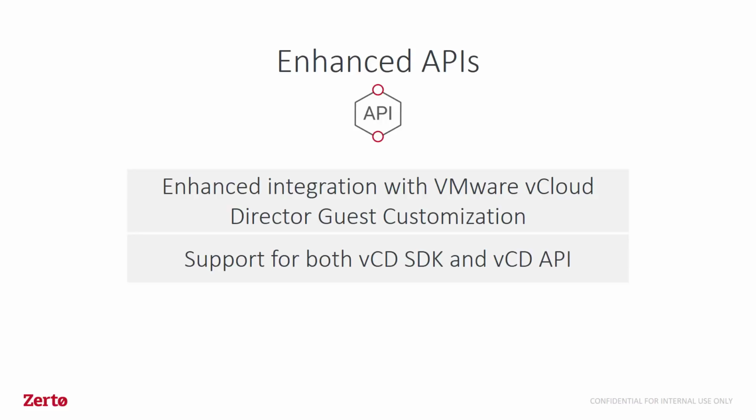We also continue to enhance our APIs and our usage of APIs. So with Zerto 6.0, what we're bringing out here in the platform is more heavily leveraging the vCloud Director API set. We also support the SDK still, but what we're doing is taking some of the enhanced features that VMware is putting out in vCloud Director, like guest customization, and pulling those features in so that you have more granularity in how you can use that to do your provisioning of the Zerto infrastructure, of the applications, and where the storage sits and where the journal sits.